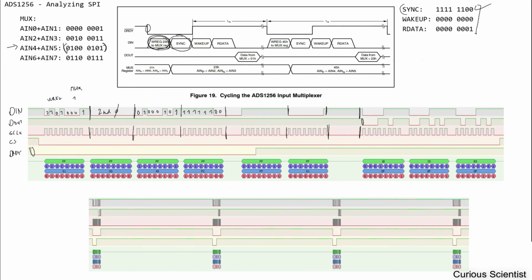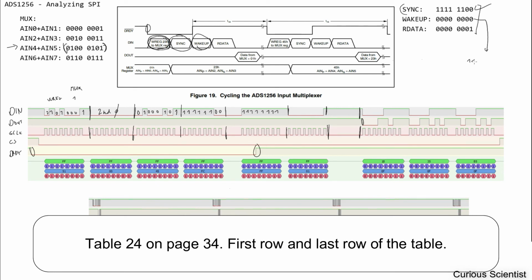Soon after this, the data ready should go up, which is done, and we have the wake up command now. As you can see, we have 1 2 3 4 ones, so this is the wake up. In fact, if you check the data sheet, this can be this as well.